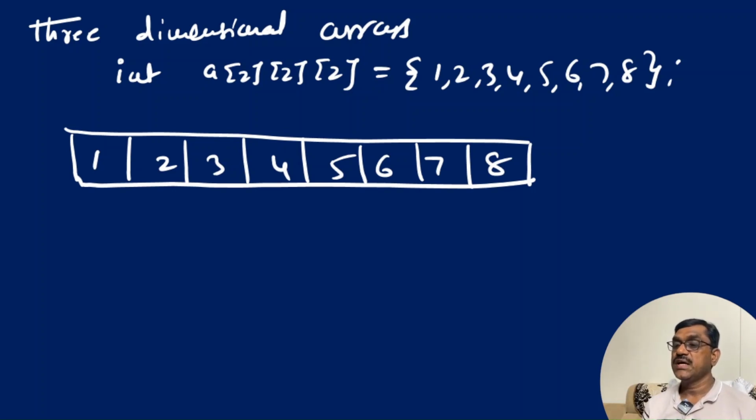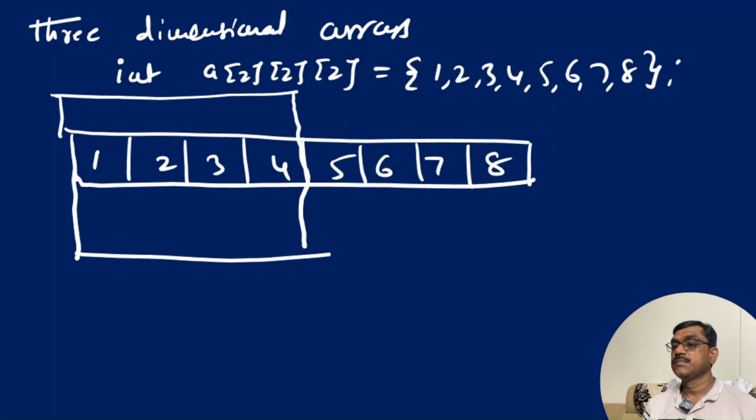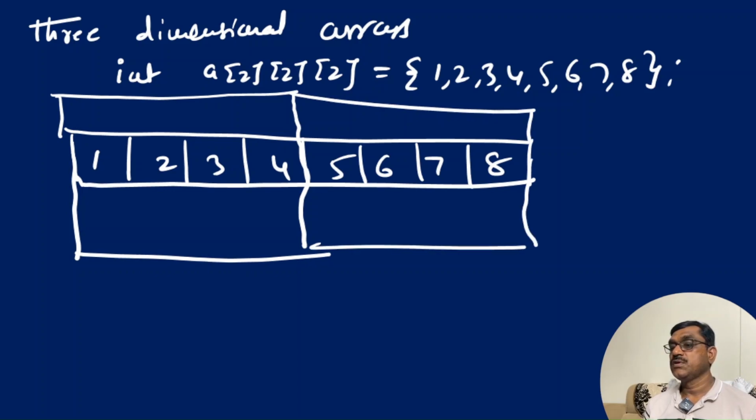First, I am dividing the entire array into two parts. This is the first part, and this is the second part. Carefully you see this. This is the first two-dimensional array, and this is the second two-dimensional array.